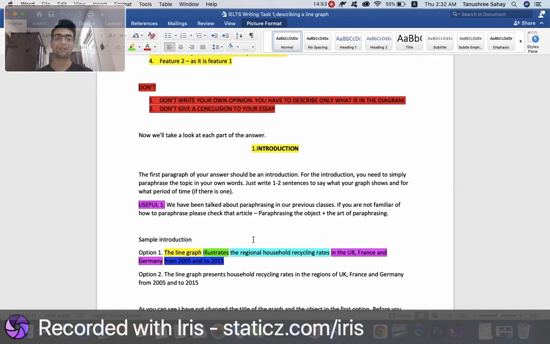You just have to write 1 or 2 sentences to say what your graph shows and for what period of time. This is actually another explanation of paraphrasing. If you are not good at paraphrasing, please go back and read the Paraphrasing the Object material that I've sent you. It's very important for task 1 and task 2.